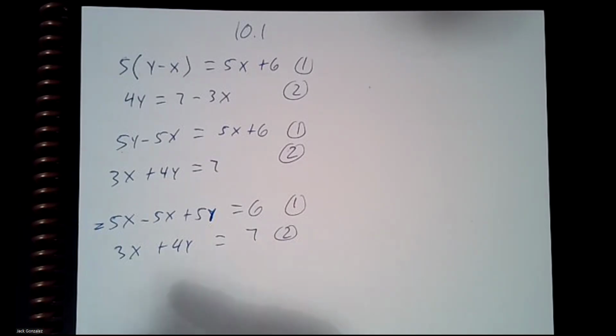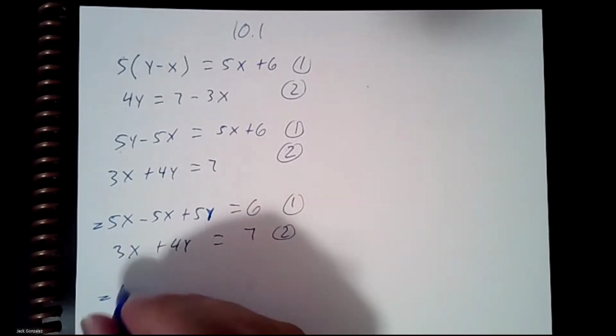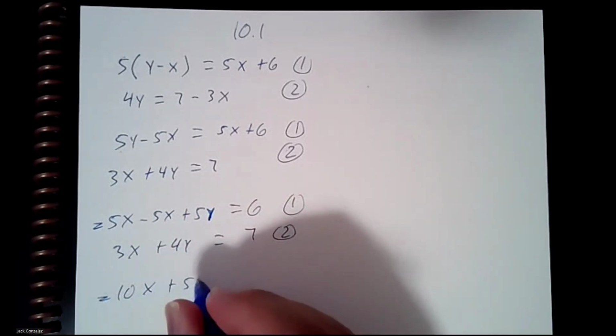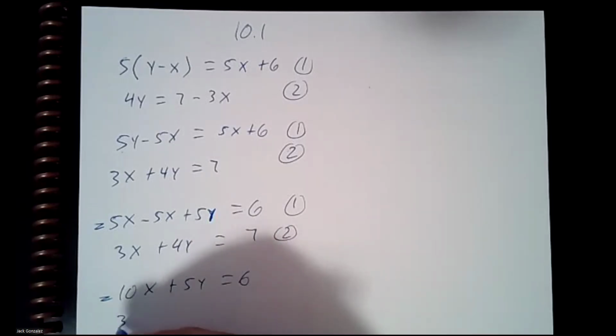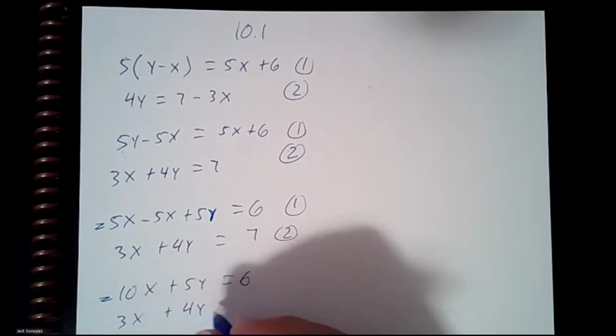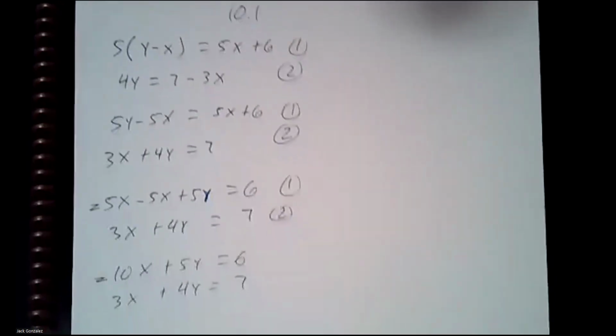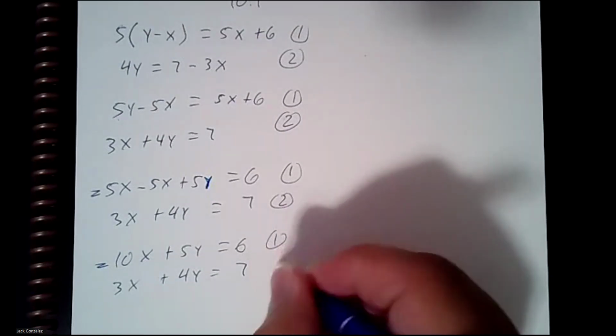Okay, now combine the like terms and we're ready to go. Any questions about the algebra? I kind of skipped some minor steps, but if you don't see it, that's okay.